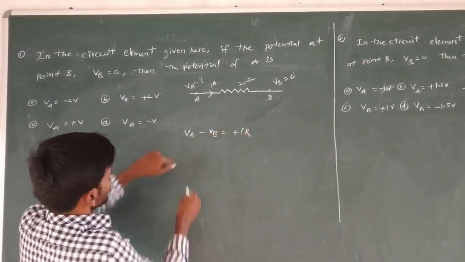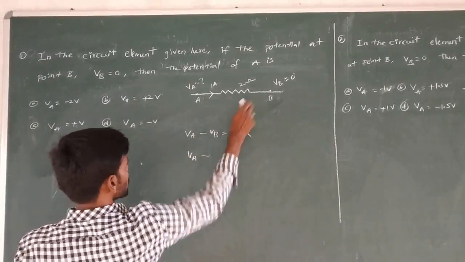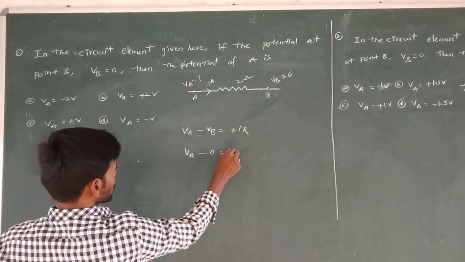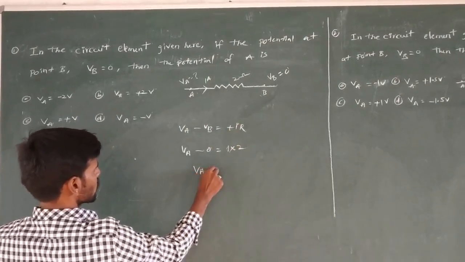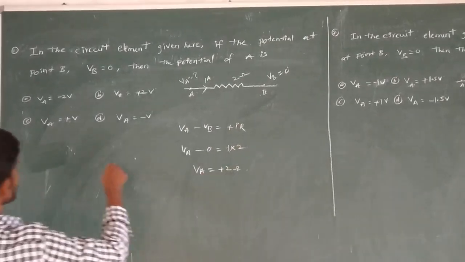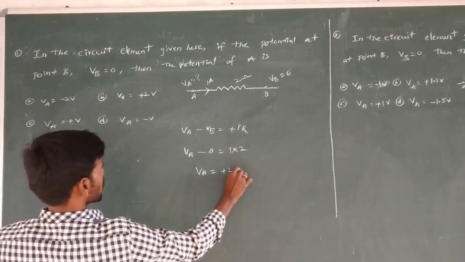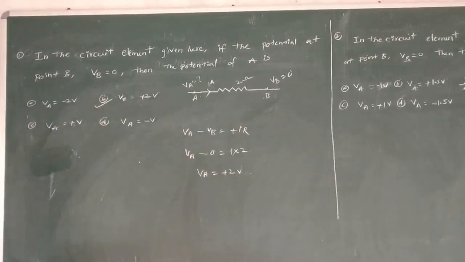VB is equal to 0. The current in the circuit is 1 ampere and the resistance is 2 ohms. So VA is equal to plus 2 volts. This is the correct answer.